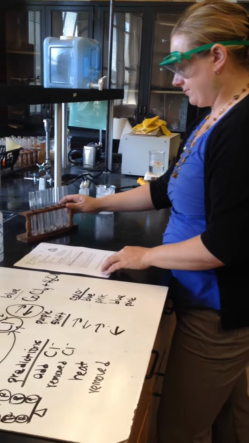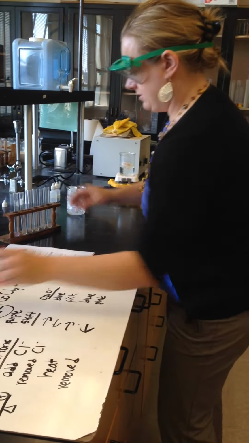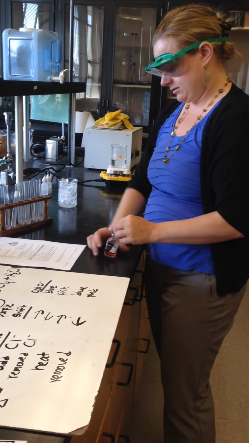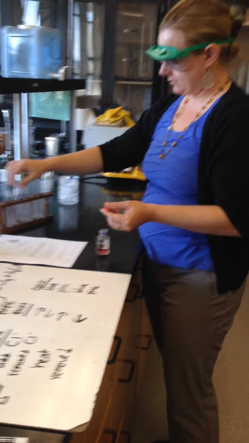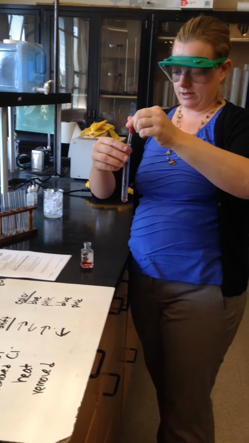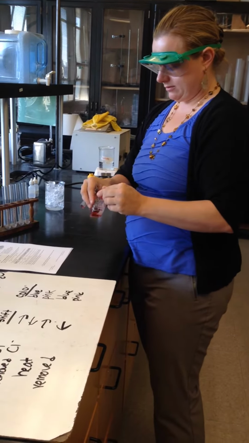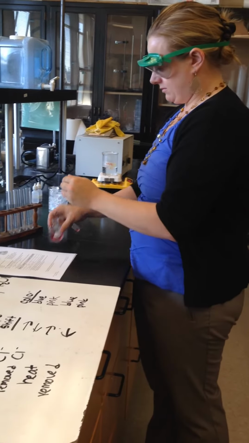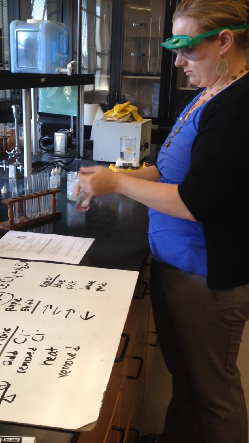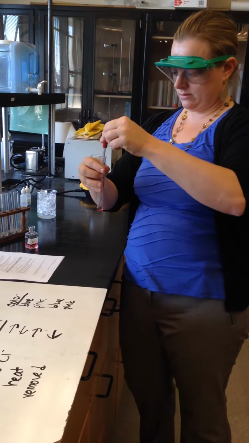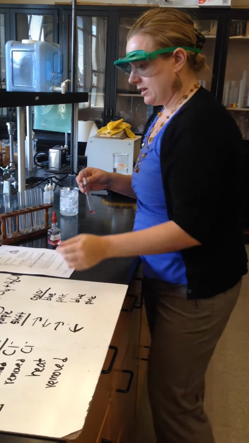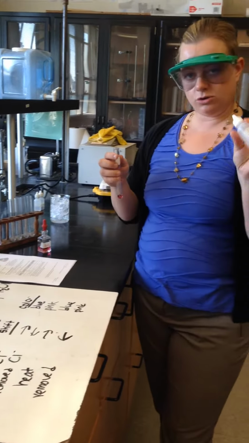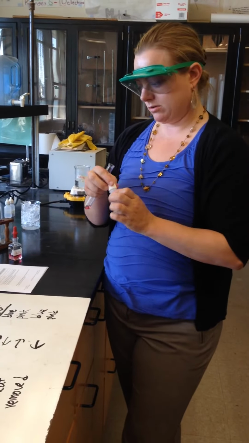All right, so our first test tube, we are going to get our cobalt. Okay, so we get our cobalt going. And then to add more chlorine, we're going to use our calcium chloride.